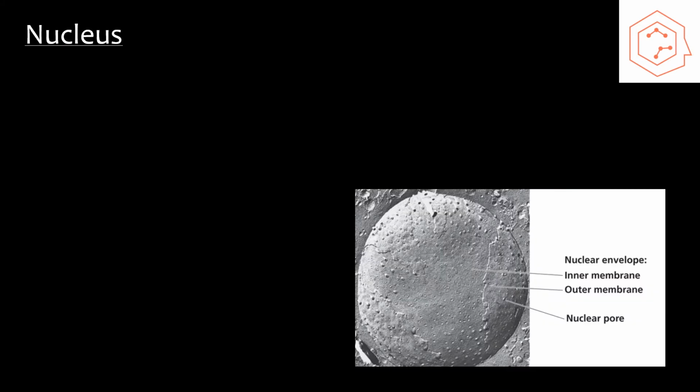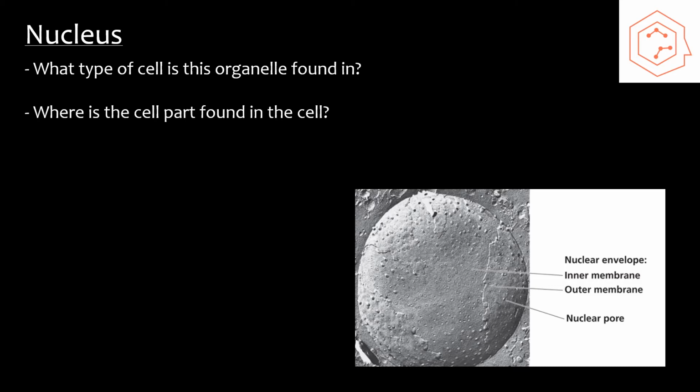The nucleus is found in all eukaryotes, so not prokaryotes, which includes animal cells and plant cells in particular. It is found within the cytoplasm, and it's the most visible organelle. When you look under a microscope, usually that's the most visible structure you'll see within the cell.